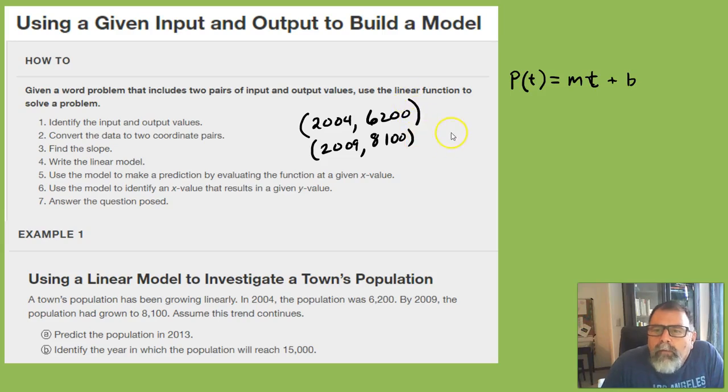Okay, so we plug it in our formula, m equals y2 minus y1 over x2 minus x1.